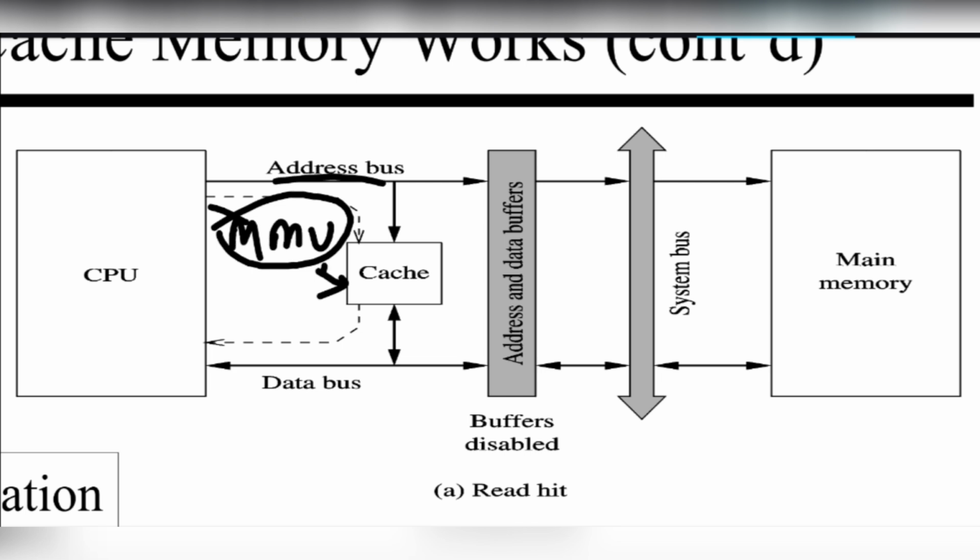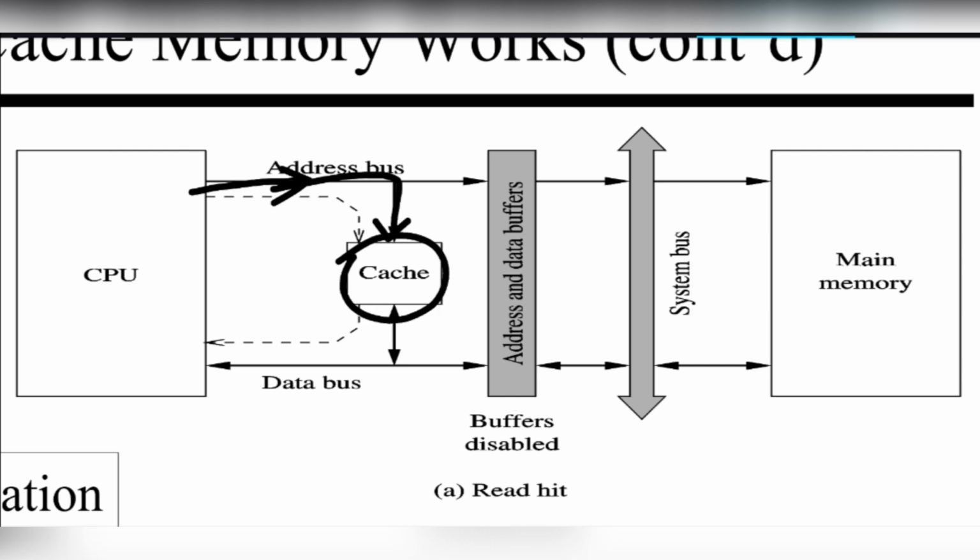Okay, let's ignore our memory management unit. First, look at the diagram. A CPU sends a signal, then it goes to the cache memory. If the data is inside the cache memory, then it disables the buffers, meaning no need to search at the main memory.